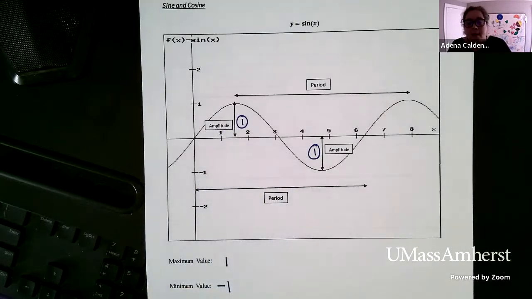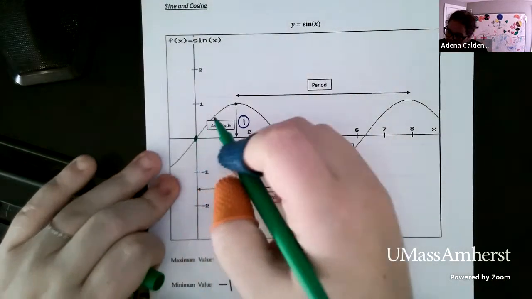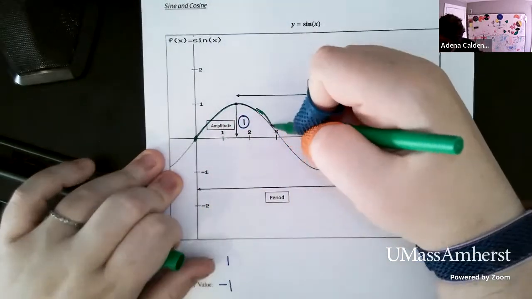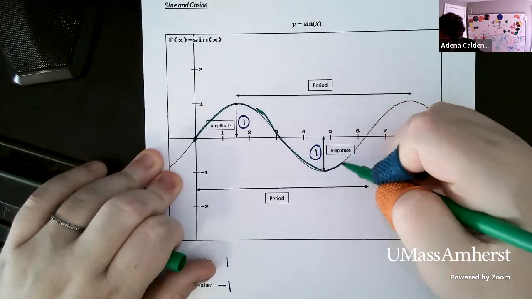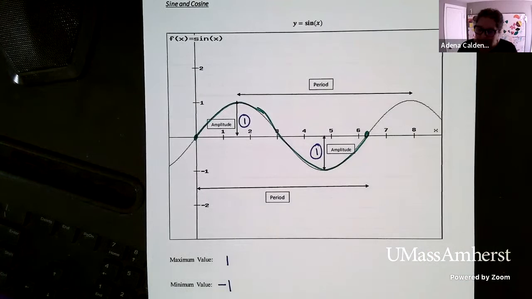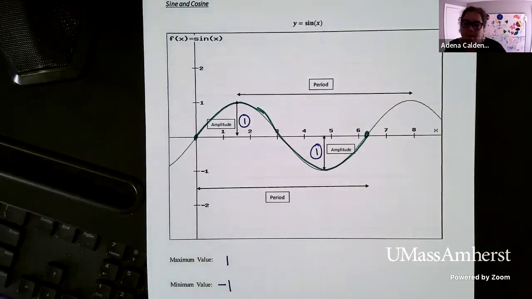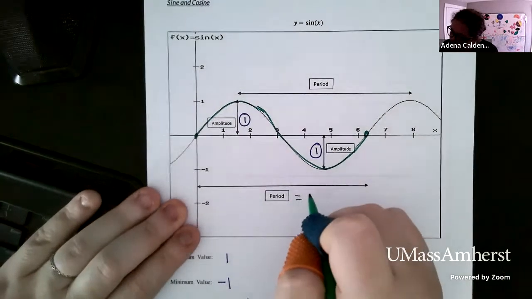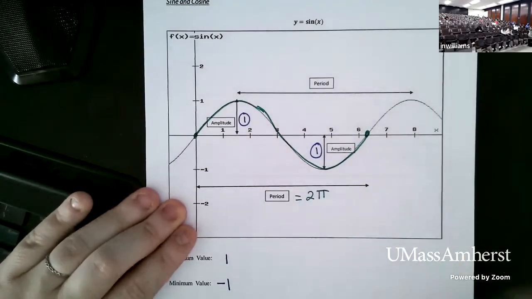Okay, now the period for a sine function, notice that if we start here and we trace this function until we repeat, we end up a little bit after 6. Okay, anytime you're working with sine or cosine and you're a little bit after 6, that is most likely going to be 2 pi.